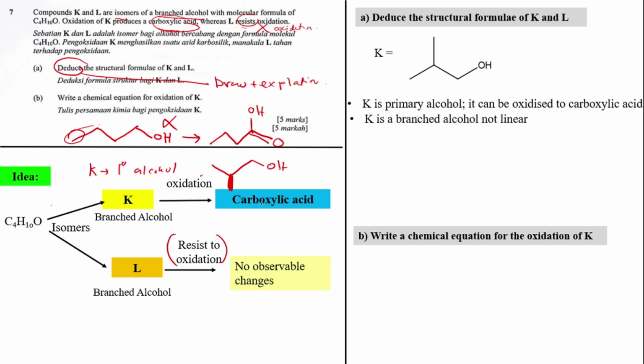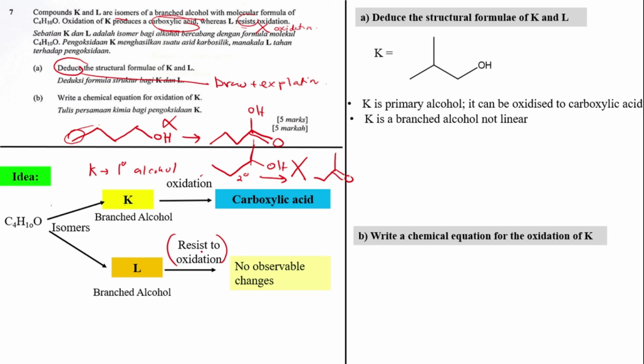I cannot put the carbon here, because when it is oxidized, the secondary alcohol will produce a ketone, so it does not satisfy the idea. That is why we can only come up with one answer, which is that the branch needs to be on this carbon here.